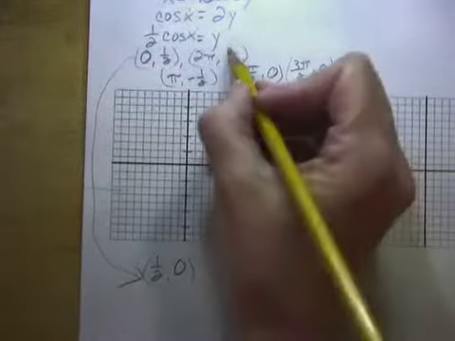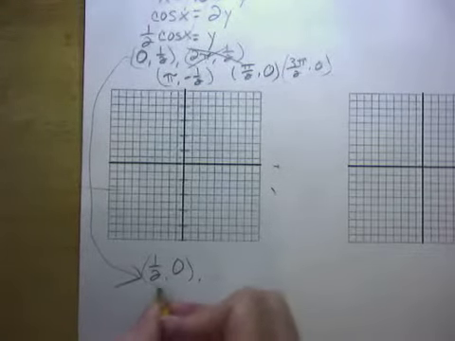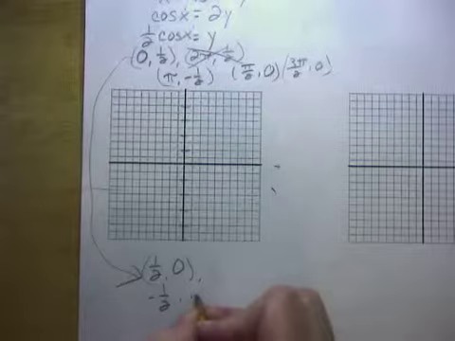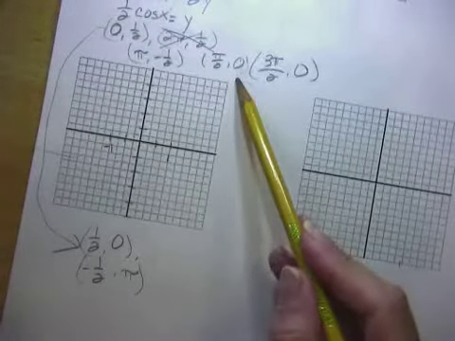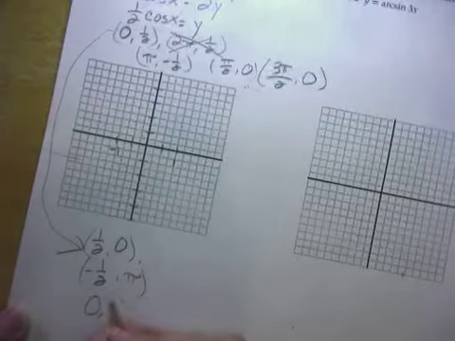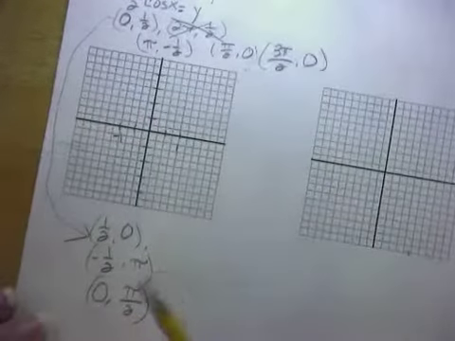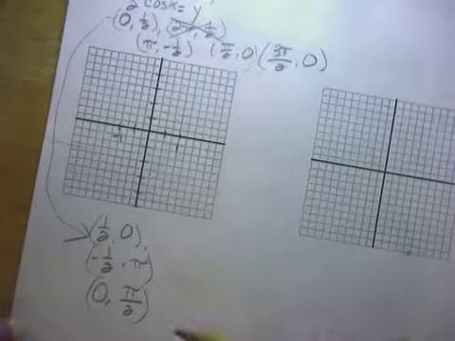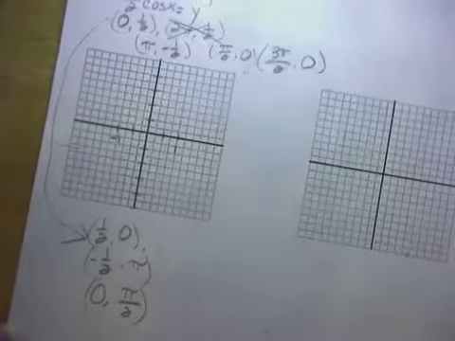So I'm not going to graph that one. It'll pass through -1/2, pi. This pi over 2, 0 will become 0, pi over 2. And so what I'm going to do on my grid is plot these points and see if that gives us enough to make a curve out of it.